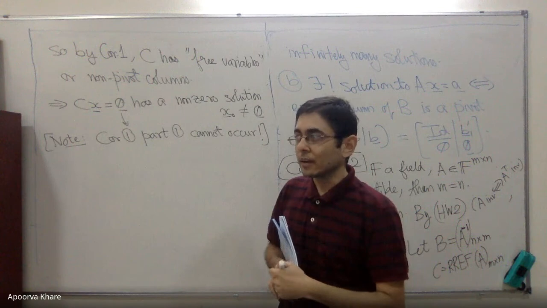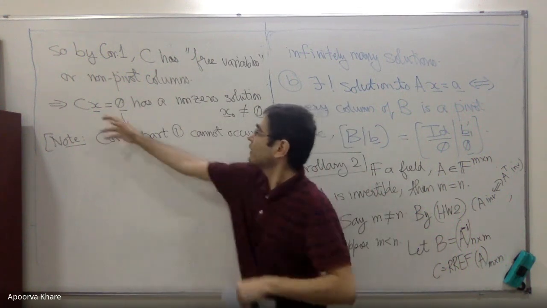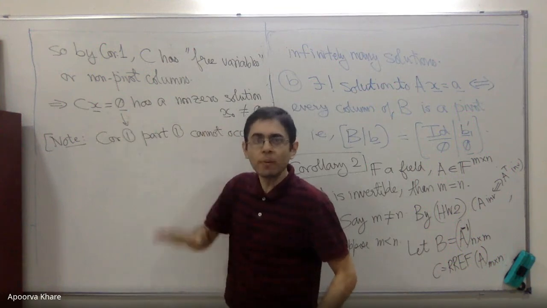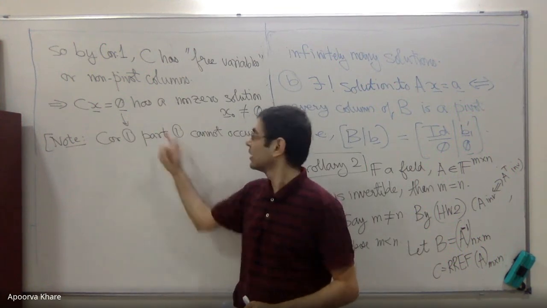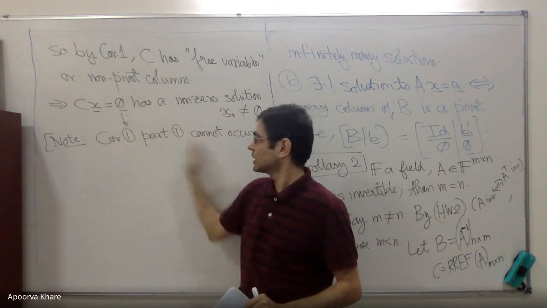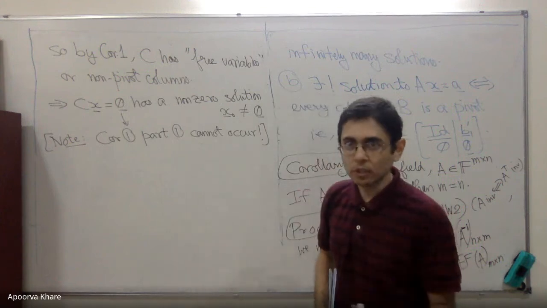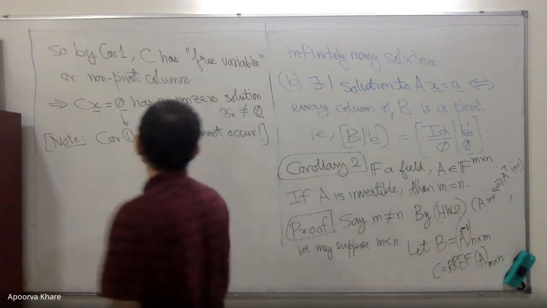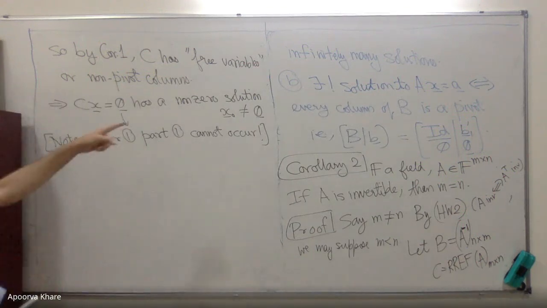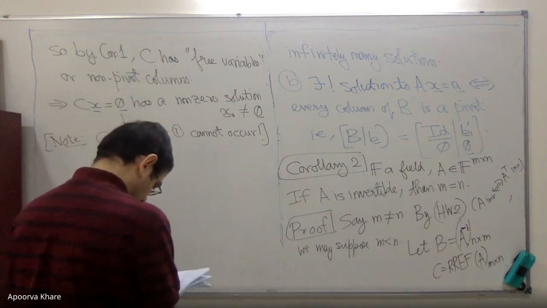Because that required a 1 beyond the partition. But if you start with C augmented by 0, no matter what row operations you do, you will never get a 1 beyond the partition. 0 always stays 0. So there is always at least one solution, either one solution or infinitely many, and here there are infinitely many, with X not equal to 0. There is never a risk of no solution.